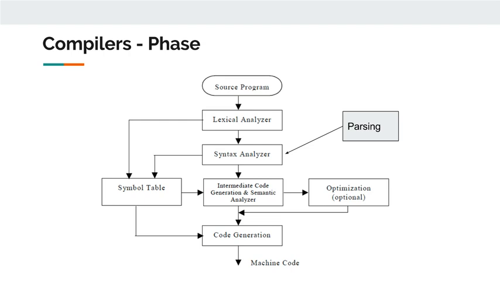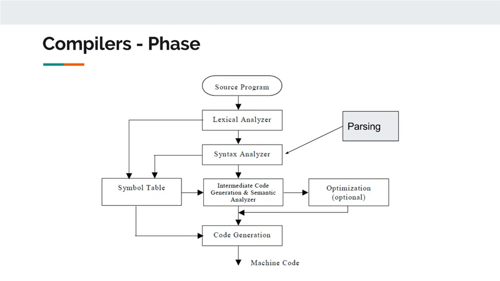I would like to go back to the first step and start explaining a bit what the first step, the second step and the others are. The lexical analyzer is also called a scanner sometimes, or even a tokenizer. Some people call it a tokenizer, some people call it a scanner.